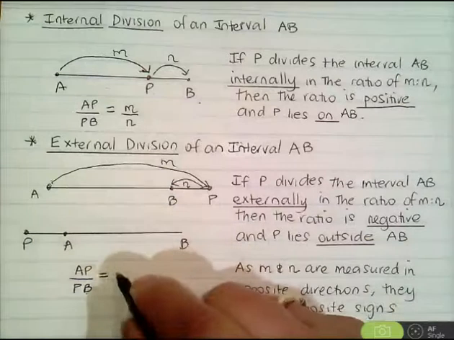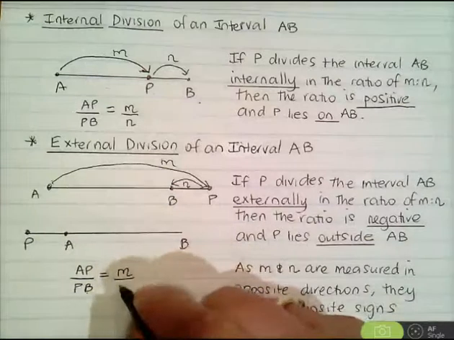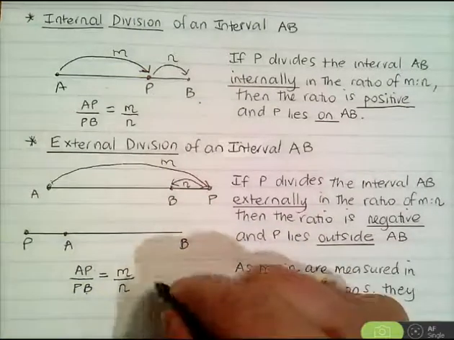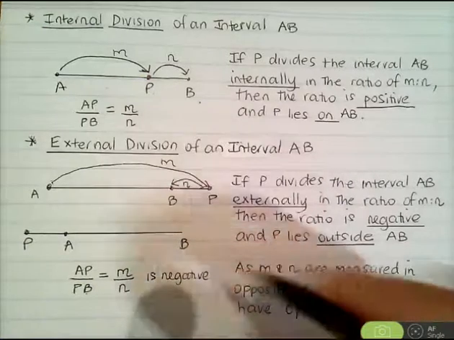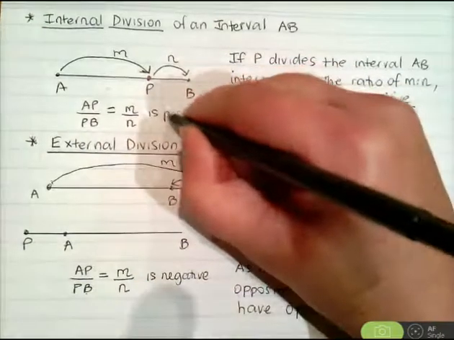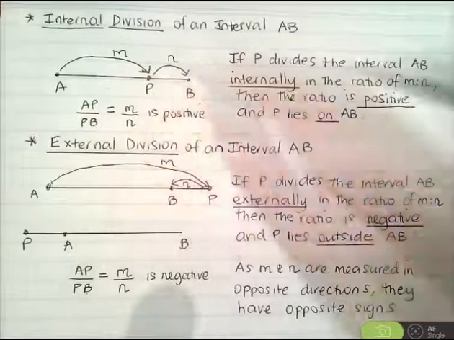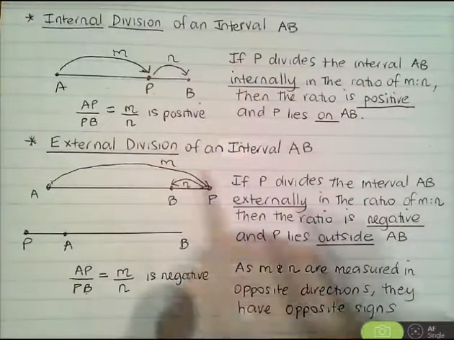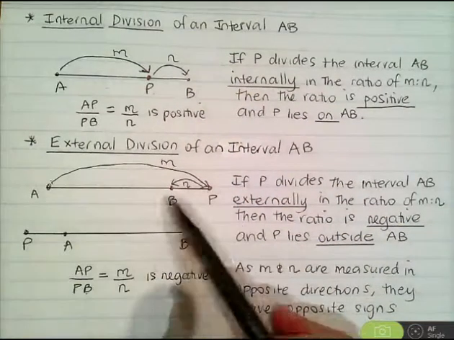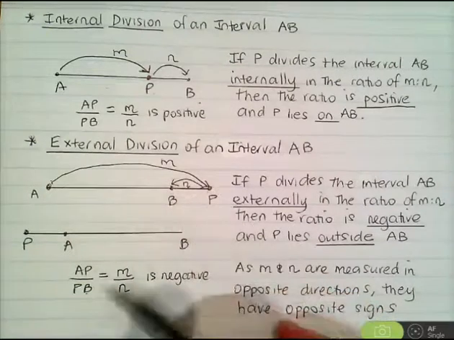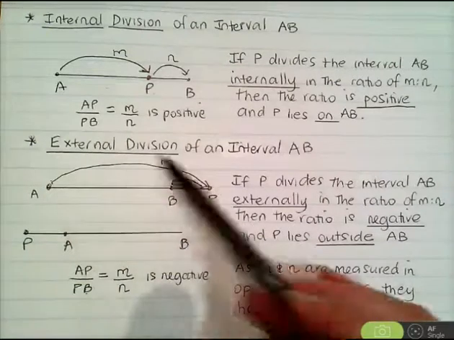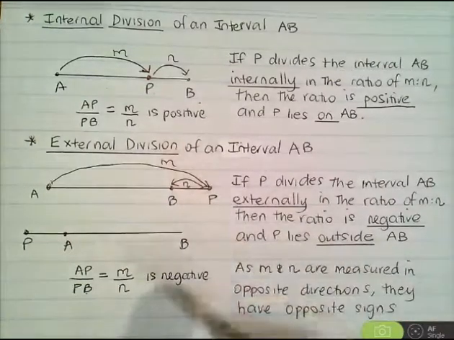So the ratio of m to n will be negative. And this ratio here of m to n is positive up there. Okay? So if P is on, say, the right-hand side of B, AP to PB will be negative because m's going forward, n's going back.